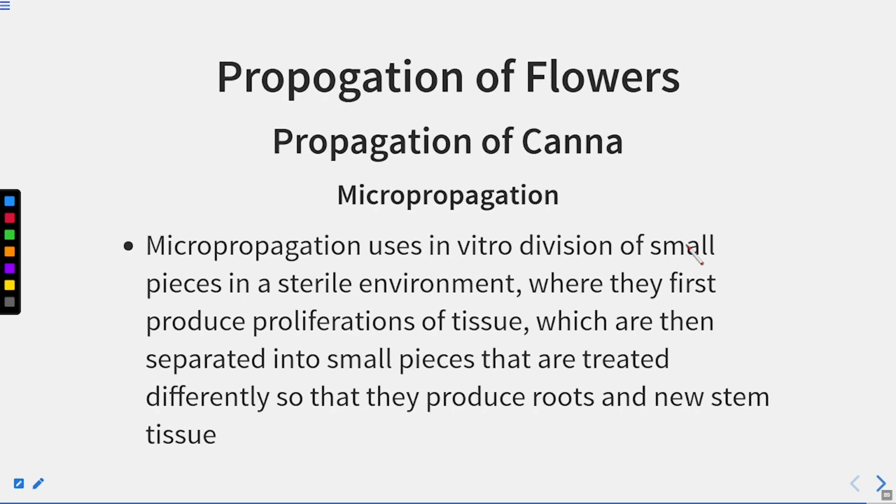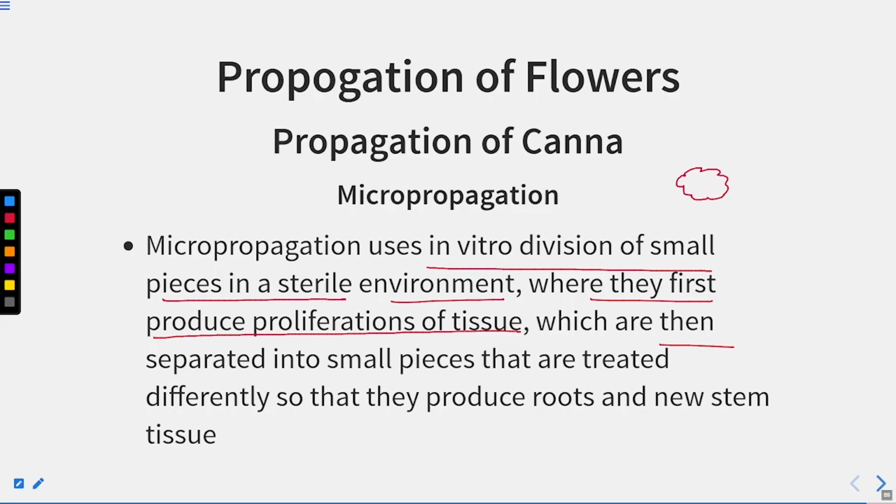Micropropagation uses in vitro division of small pieces in a sterile environment, where they first produce proliferation of the tissue. First they proliferate the tissue and form a callus-like structure, which is then separated into small pieces that are treated differently so that they produce root and new stem tissue.